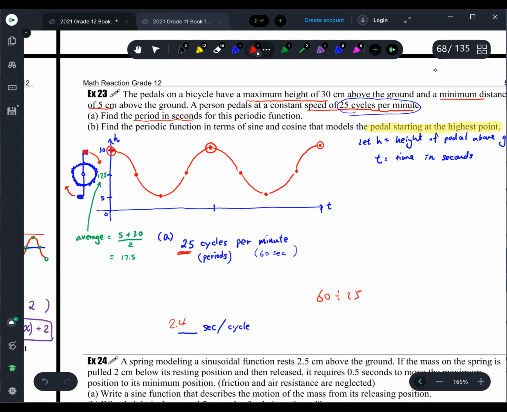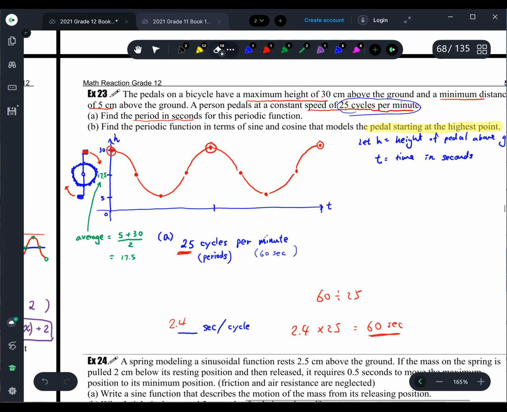So let's think about how we can check if it makes sense. 2.4 seconds for one cycle, and then you do 25 times. If you multiply, it should give you 60 seconds, which is 1 minute. So this answer makes sense.